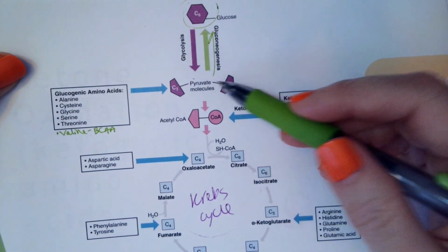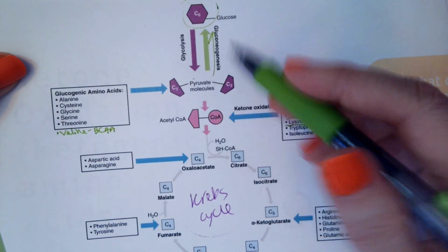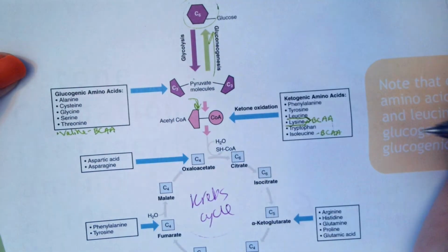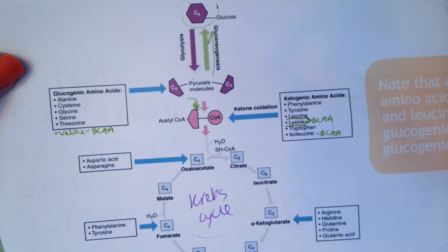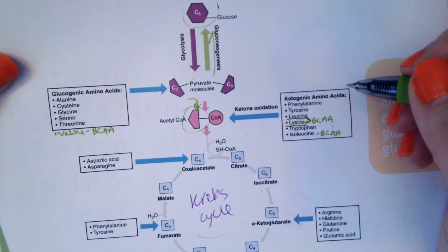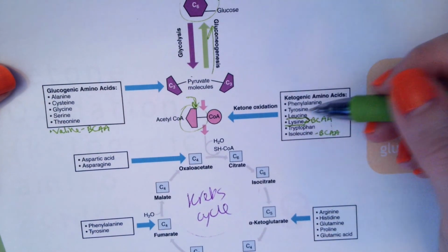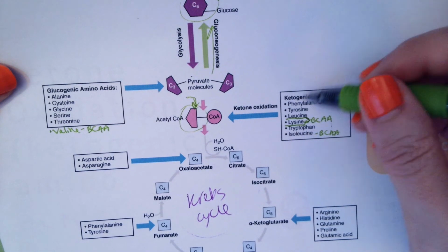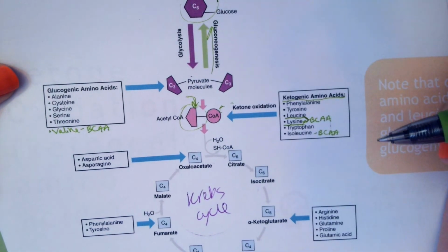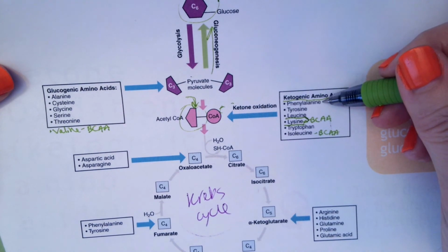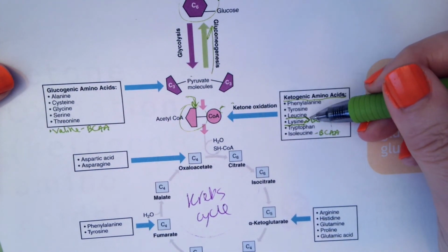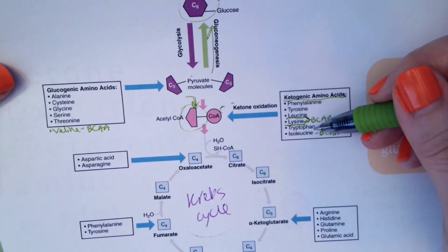Now, once we have pyruvate we get acetyl-CoA, because they can also do that, right? Once you get pyruvate, you can make acetyl-CoA as long as you have pyruvate dehydrogenase and go into the Krebs cycle. So now we're at acetyl-CoA, but we could also have keto bodies coming from our ketogenic amino acids forming into acetyl-CoA. These ketogenic amino acids include phenylalanine, tyrosine, leucine, which we've seen, lysine, tryptophan.